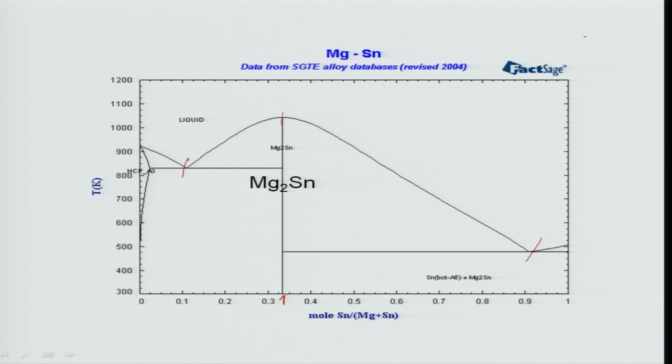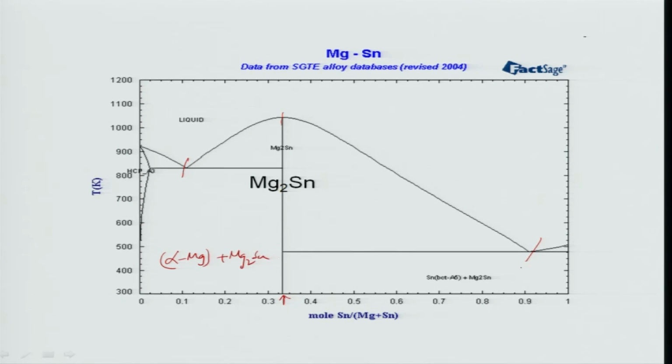So whenever you see a line, that means there is a fixed stoichiometric composition for the phase. So here Mg2Sn forms at a fixed composition. It has a eutectic reaction between the solution of pure Mg, which is alpha Mg, plus Mg2Sn.